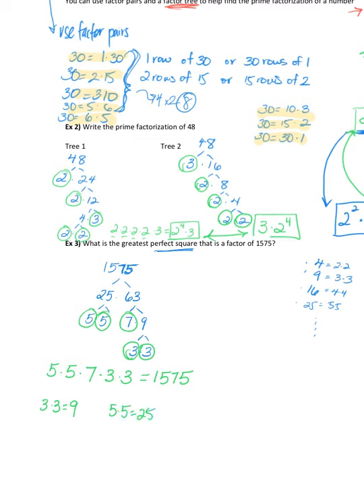Okay, so then actually there's a nice little shortcut when you're dealing with perfect squares. 3 times 5 times 3 times 5 gives us 15 times 15, which is 225. And you can check that 1,575 divided by 225 does work, okay?